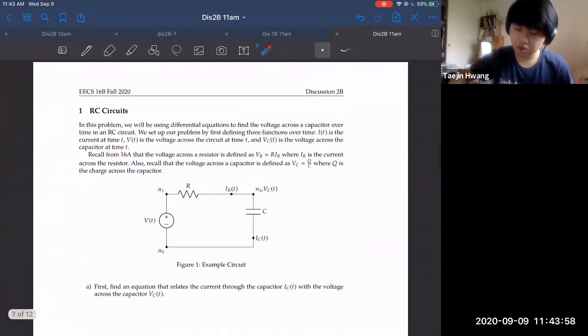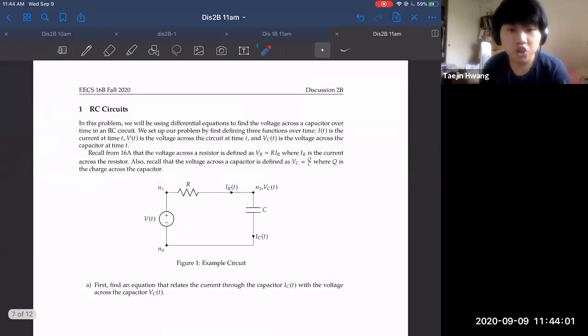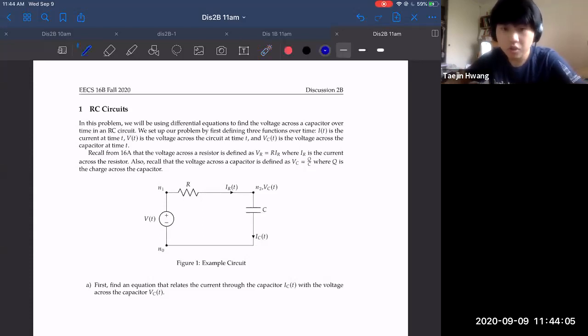Okay, so moving on to the worksheet as a whole, it's going to be a lot of setup, and I'll give you some time to work on this on your own as well. But for today, we're mainly going to be looking at RC circuits, and this might be a little bit off of what lecture was doing.